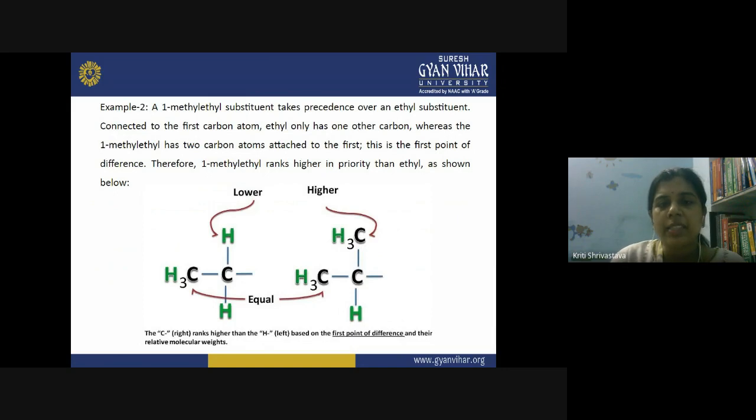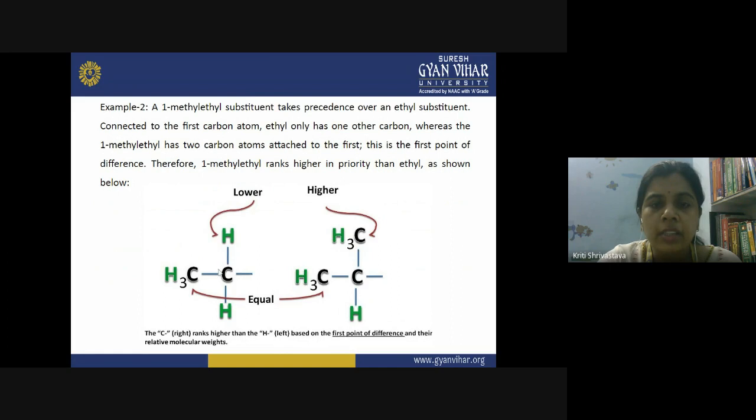So an example is given here. This is one methyl ethyl substituent, which takes precedence over an ethyl substituent. So this is one methyl, and this is one methyl ethyl. It will get a higher priority as compared to the ethyl. Why is it so?